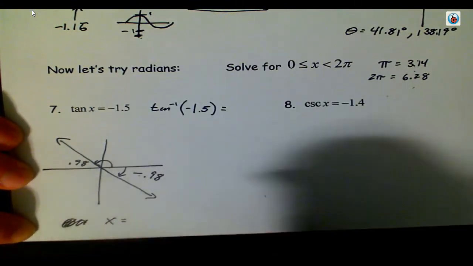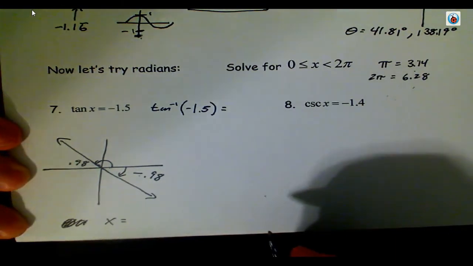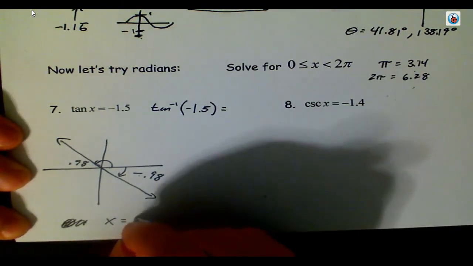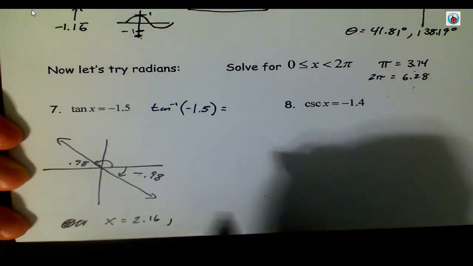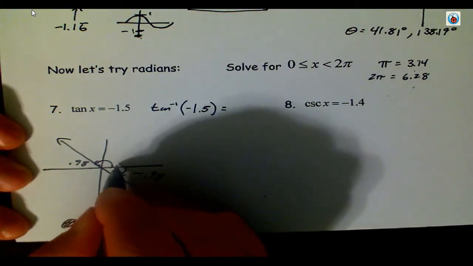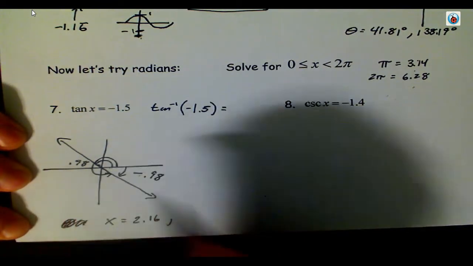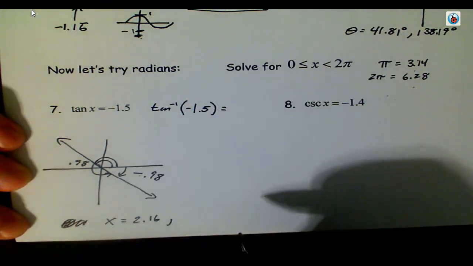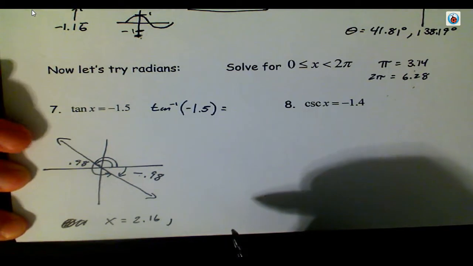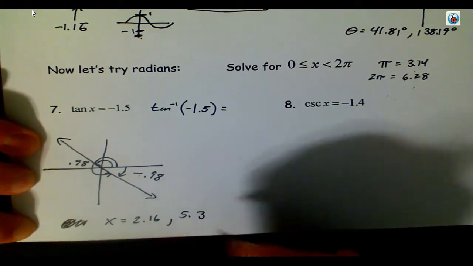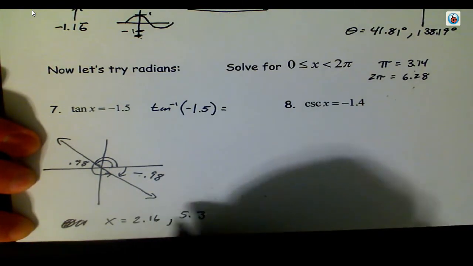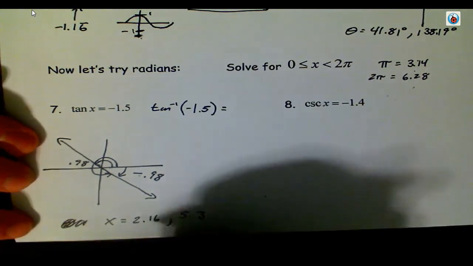So x equals 2.16. And then I also need to find this angle right here, so I just need to subtract from 6.28 and you get 5.3. Notice I don't have degree signs up here because these are radians.